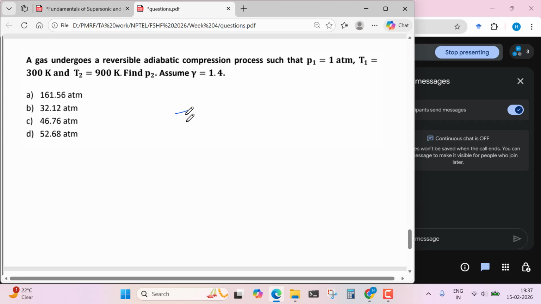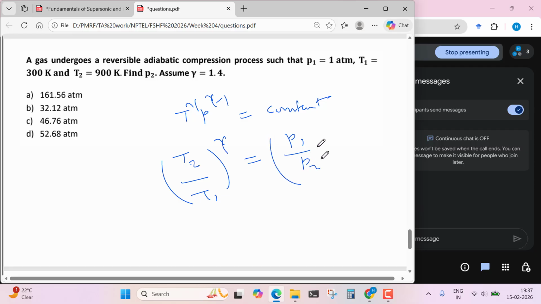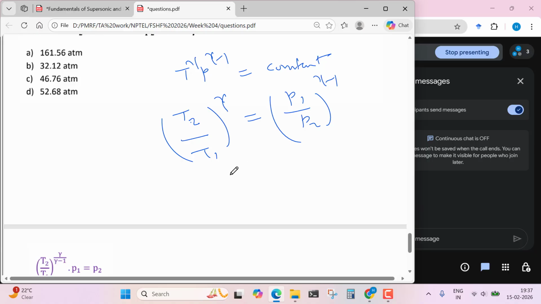And for isentropic relation, P to the power of (1 minus gamma) times T to the power gamma equal to constant.